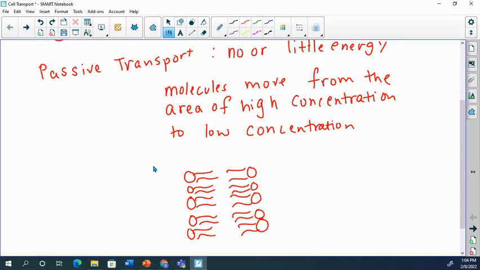So let's say you have molecules on one side of the membrane, and then there are more molecules on the other side of the membrane as well. And let's say you have more molecules on the left side, and there are fewer molecules on the other side.